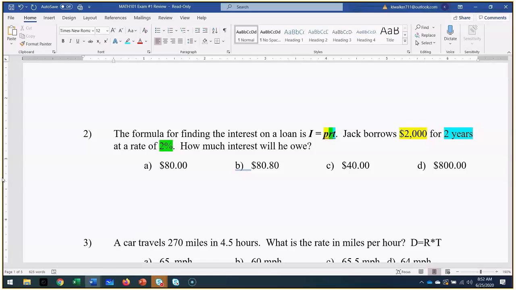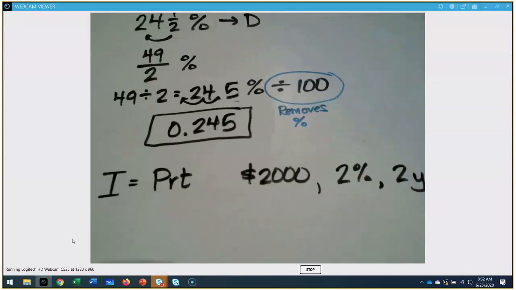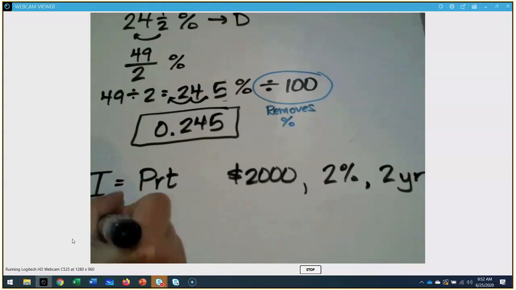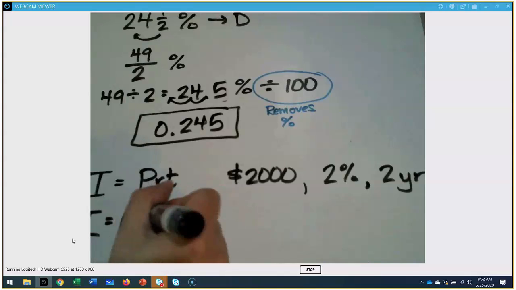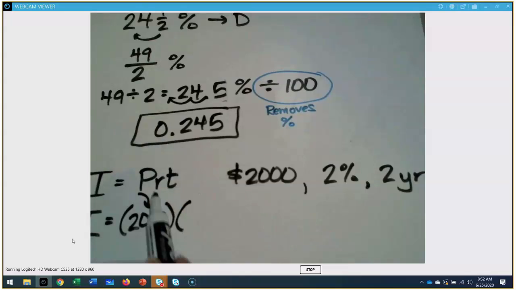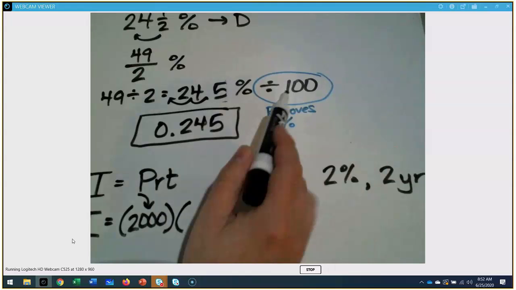So here we go. Here's everything they told us. It's going to be 2,000 in place of the P times the rate. The rate just needs to change to decimal form. So we just did that right here.